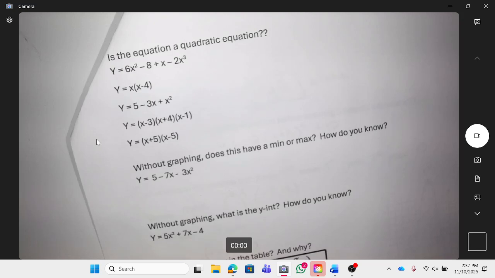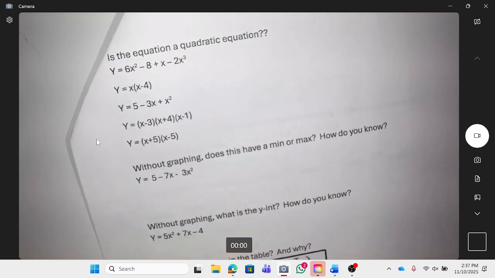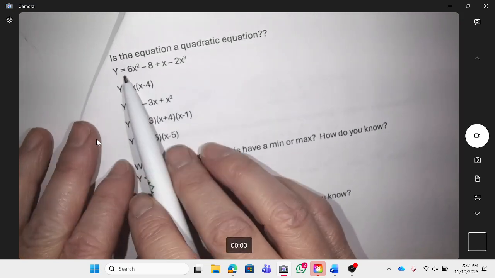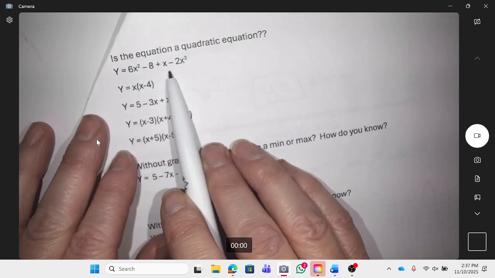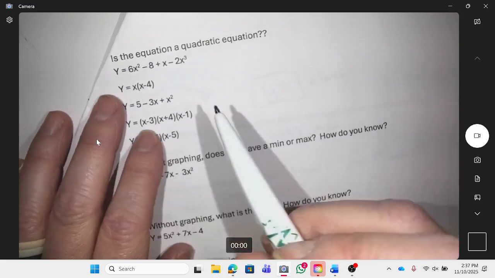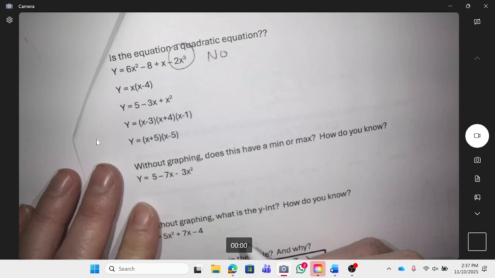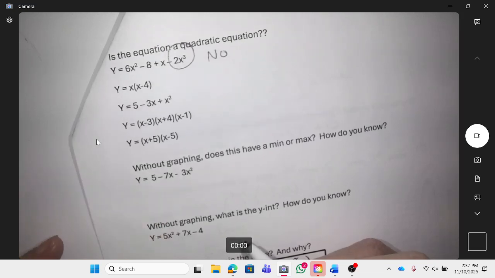Is this a quadratic? We're going to answer yes or no and kind of justify why. Okay, this first one, would we call it a quadratic? No. Reason? That ends up making it cubed, a cubic.